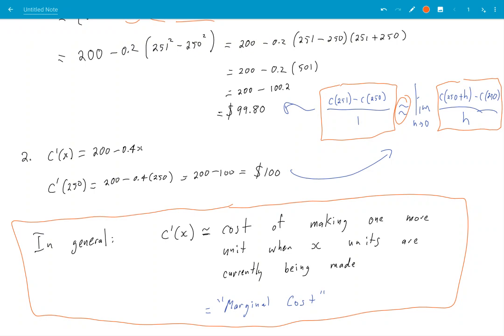We call that marginal cost. So marginal cost is this 99.80 here. And C prime of 250 is almost the same thing. So close that we actually call it the marginal cost function.